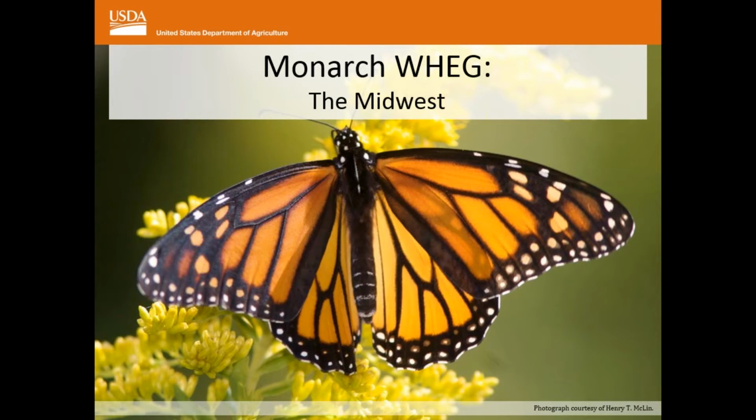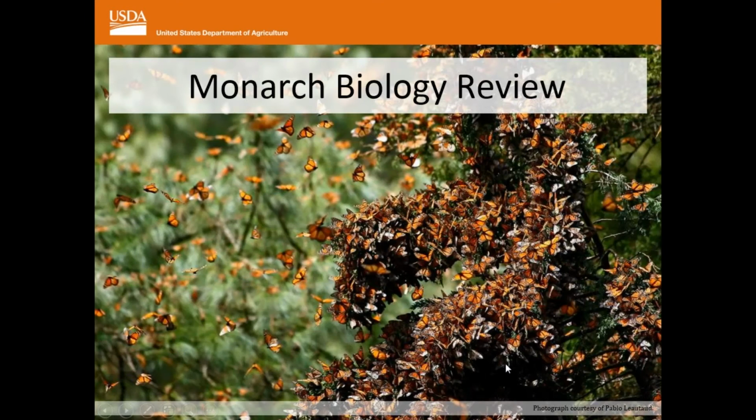So I'm going to get started with just a little bit of biology on the Monarch. Basically, why we're where we are: the overwintering populations of monarch in Mexico have been reduced significantly, and President Obama signed a memorandum with the President of Mexico that both countries will work to protect and improve populations of monarch butterfly.